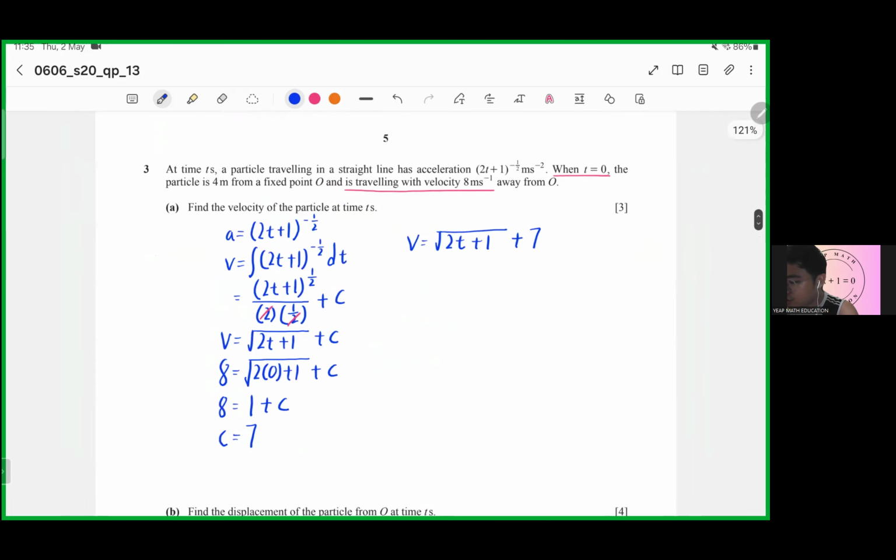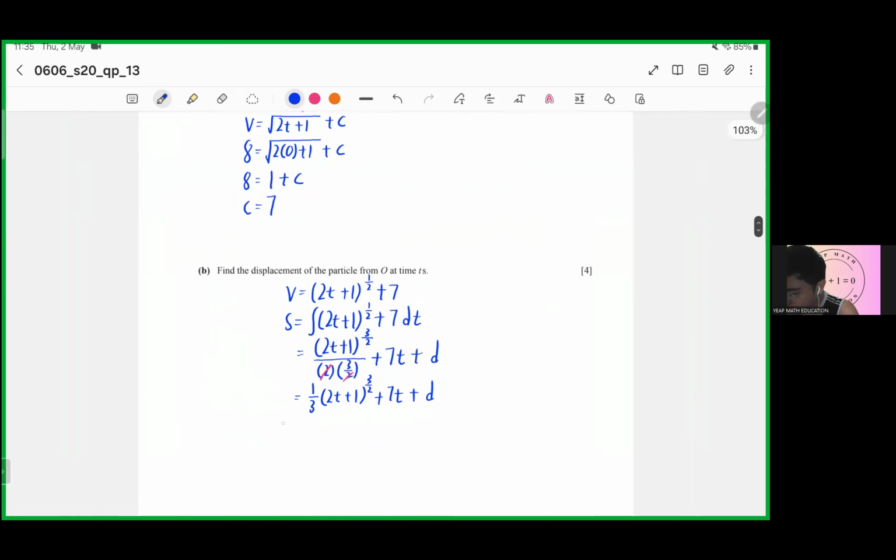And then the question also says when t equals 0, the particle is 4 meters from a fixed point. So we can write 4 equals 1 over 3, (2 times 0 plus 1) to the power 3 over 2, plus 7 times 0 plus d.